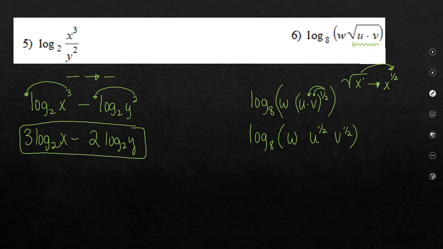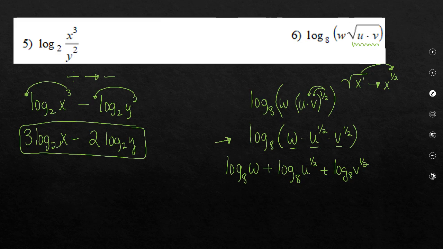And then in my next step, right here, I actually distributed, and now we're going to separate each of these 3 terms in the argument with addition because they're being multiplied. So log base 8 of w plus log base 8 of u to the 1/2 power plus log base 8 of v to the 1/2 power.